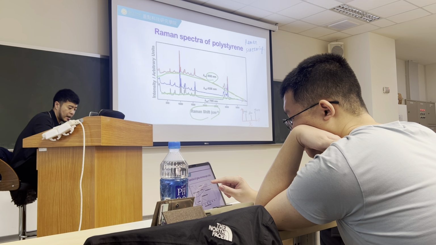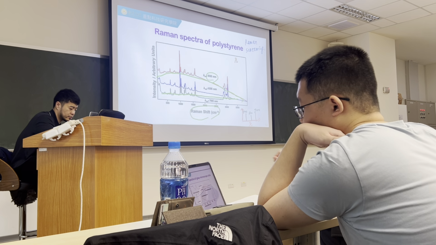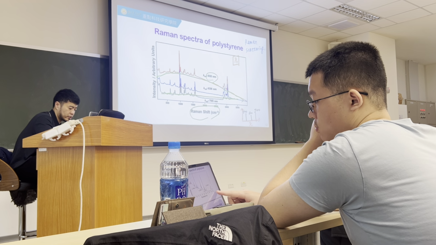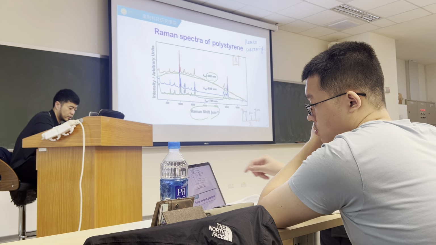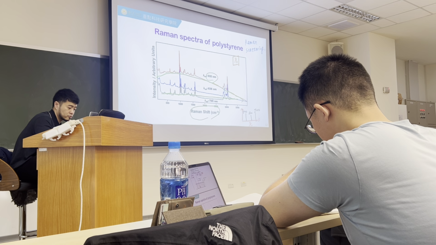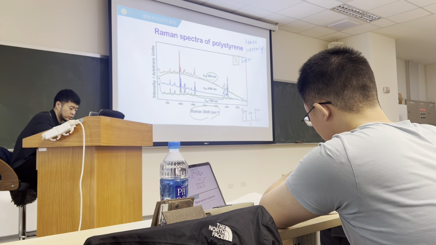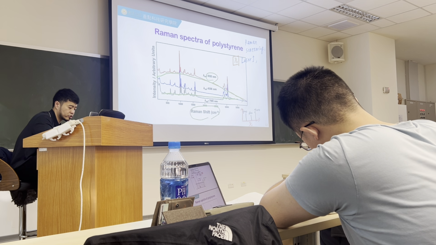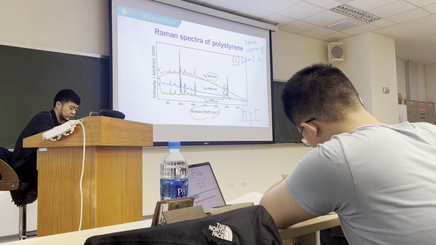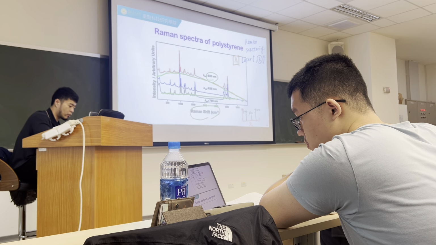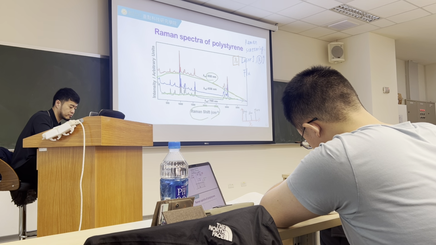Let's talk about the absolute wavelength case. When you change the laser to higher energy, you also shift your Raman scattering. I'm just plotting R. But you are not changing the fluorescence wavelength.